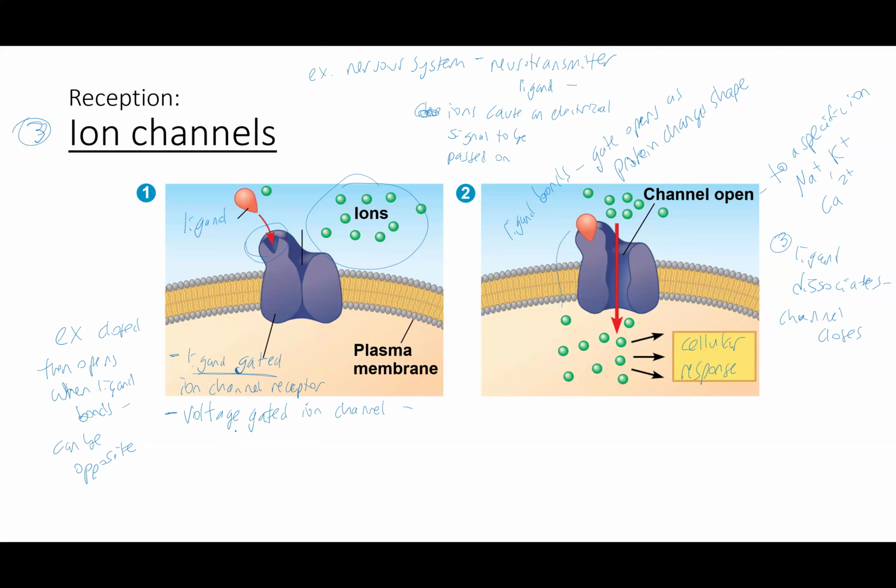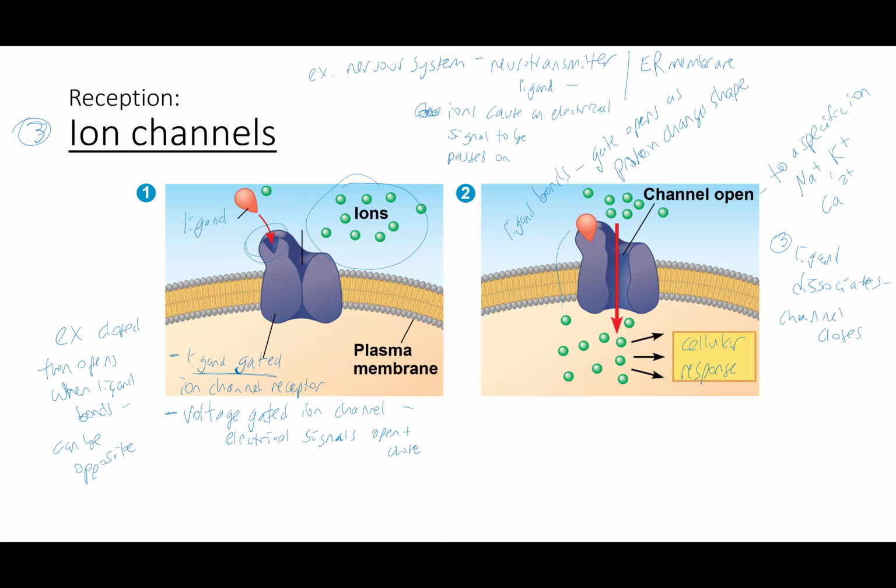So the electrical signals can open and close. So the nervous system is an example. These kinds of channels also exist a lot in the ER membranes. So the membranes of the endoplasmic reticulum also have a lot of ligand gated ion channel receptors to allow things like calcium to go in and out.